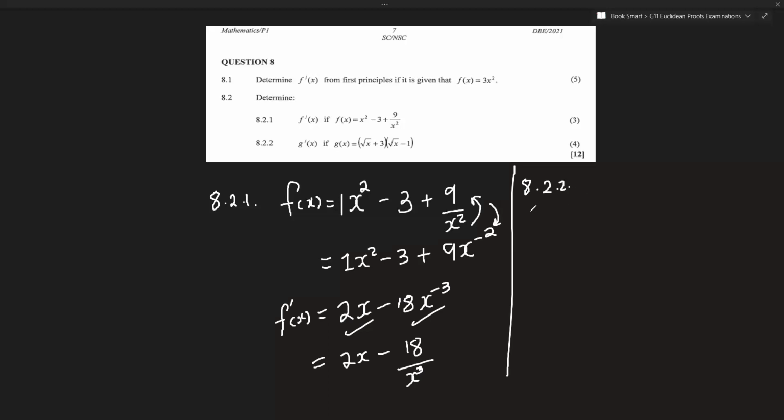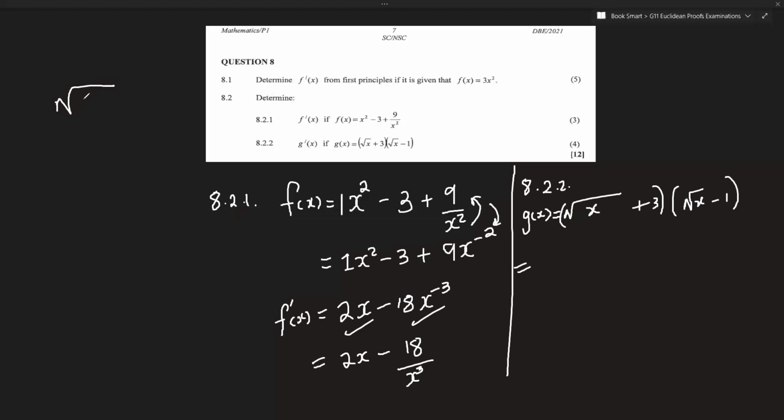Let's do 8.2.2. So on 8.2.2, I have g of x, which equals x plus 3, right? Then I have the square root of x minus 1. Okay, so I'm going to explain something about turning a root into an exponent.